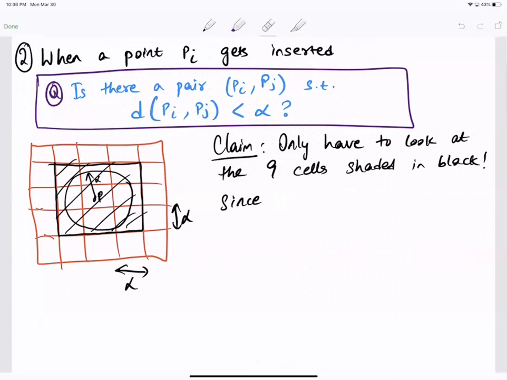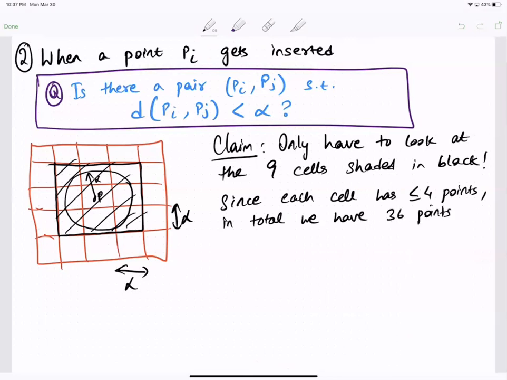Since each cell has less than or equal to 4 points, in total we have 36 points to compare with Pi, and hence it's a constant time operation.